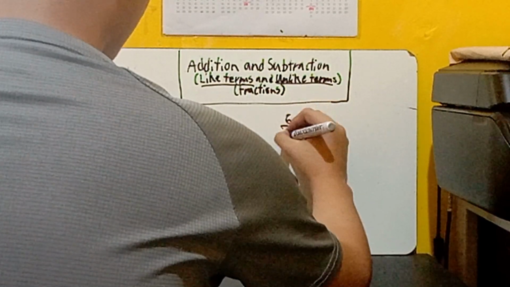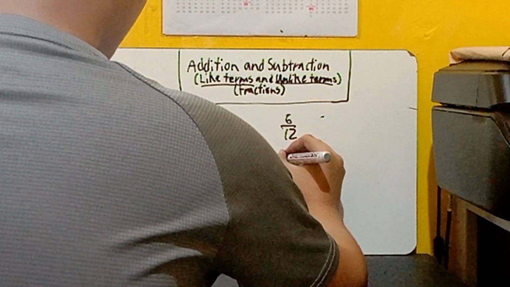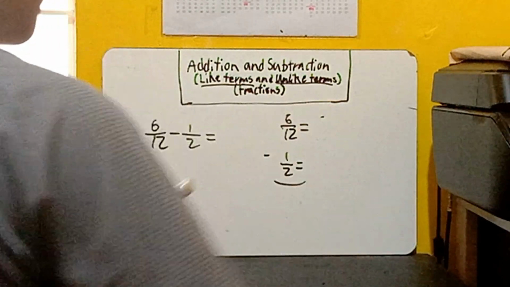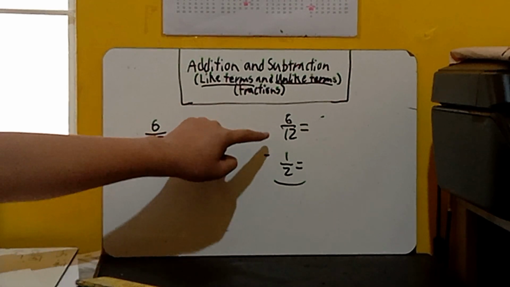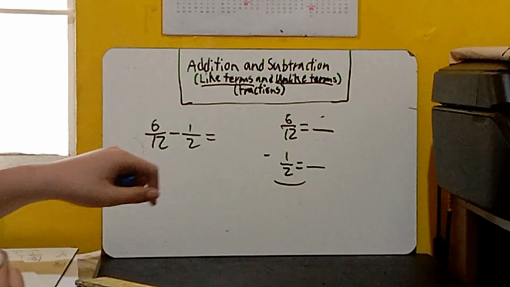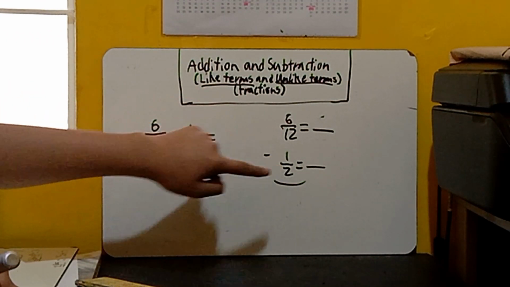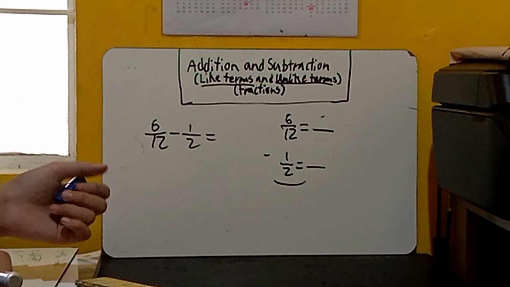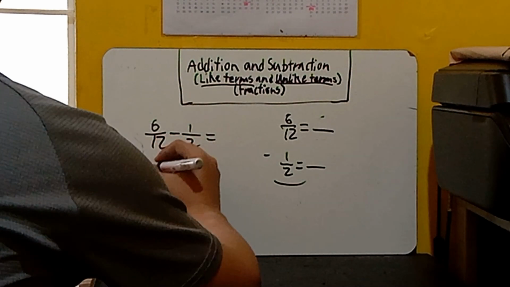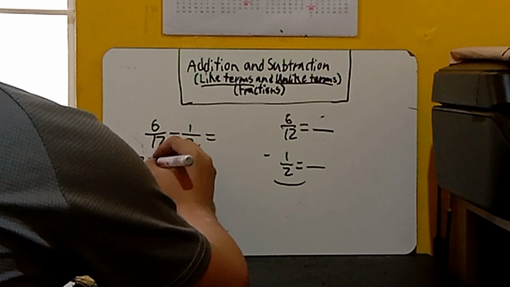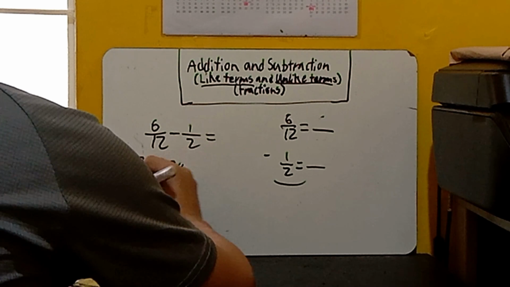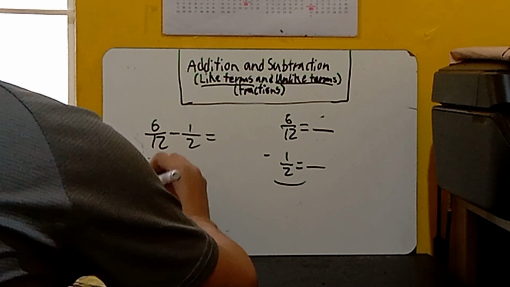Okay, let's convert it into this column because it's easier for me. Now let's focus on the denominator. What's the least common denominator of 12 and 2? Let's put 12 here. 12, 24, and right here 2.